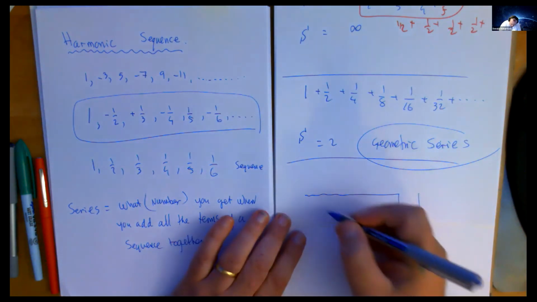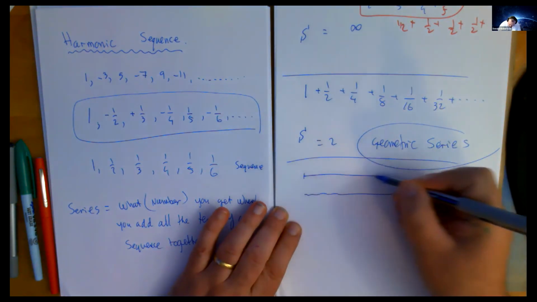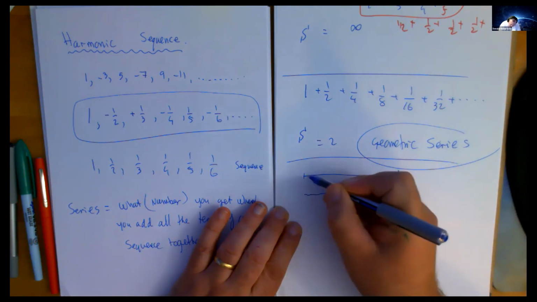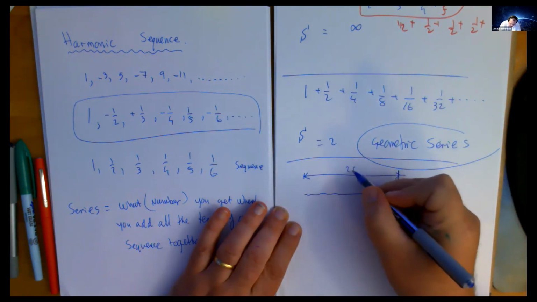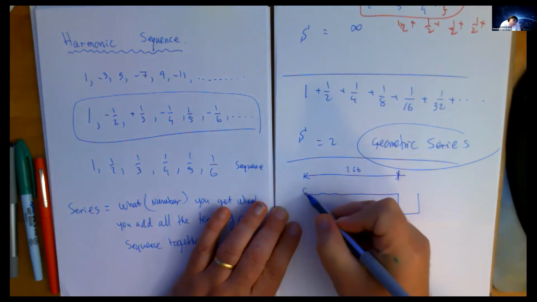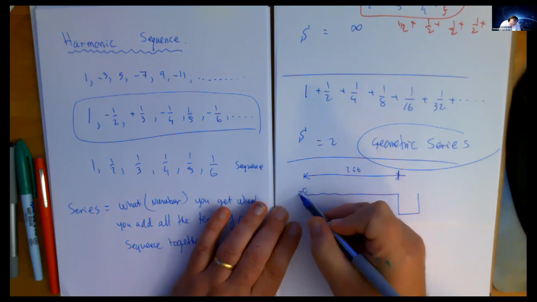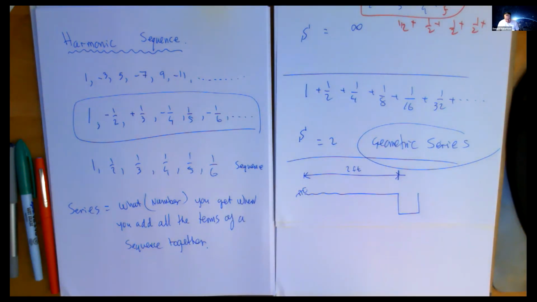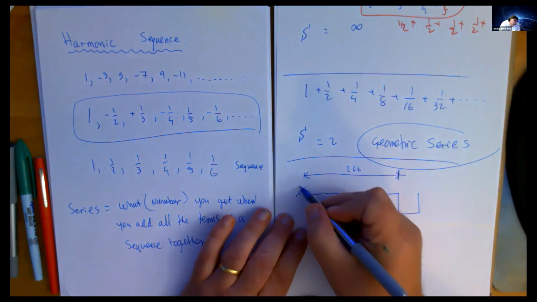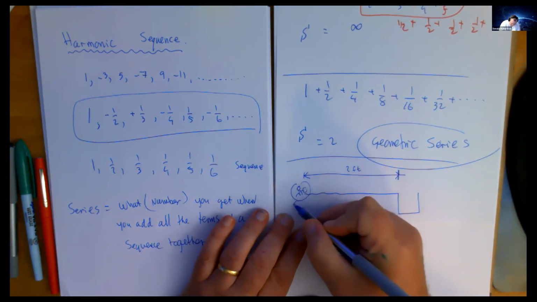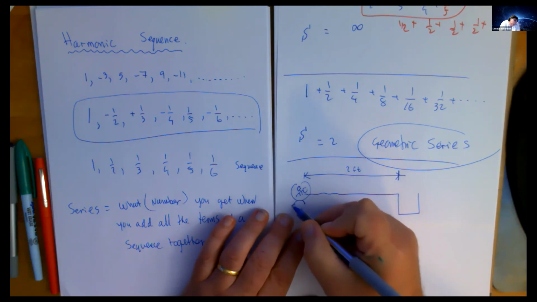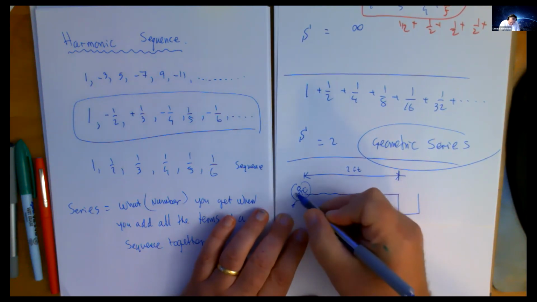So here's a story. From here to here is 2 feet long. And here's a little frog. That doesn't even look like a frog, does it? There.